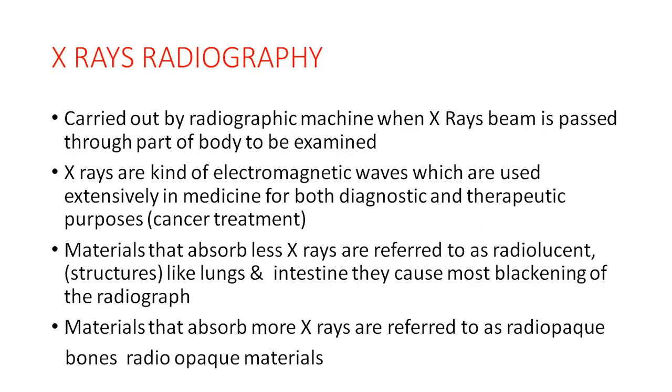They can hardly be penetrated by these X-rays, like the bones, which are very visible, and they look radio opaque. And similarly, the foreign bodies, metallic bodies, which sometimes accidentally enter the body, can be seen as radio opaque by taking the radiographs of the part where they are present.